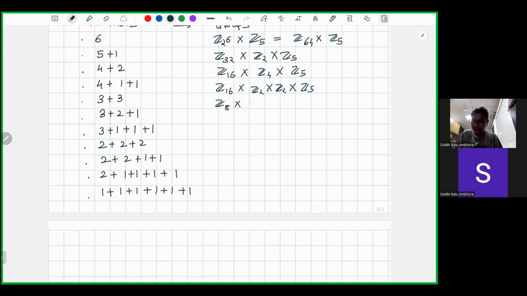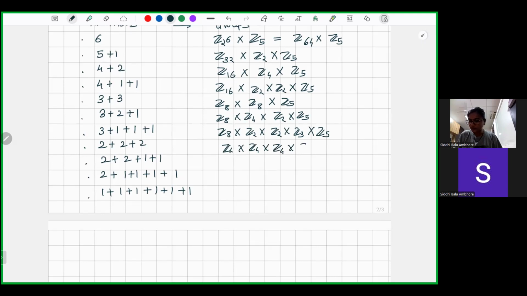This is Z8 cross Z8 cross Z5. This is Z8 cross Z4 cross Z2 cross Z5. This is Z8 cross Z2 thrice cross Z5 and here Z4 cross Z4 cross Z4 cross Z5.